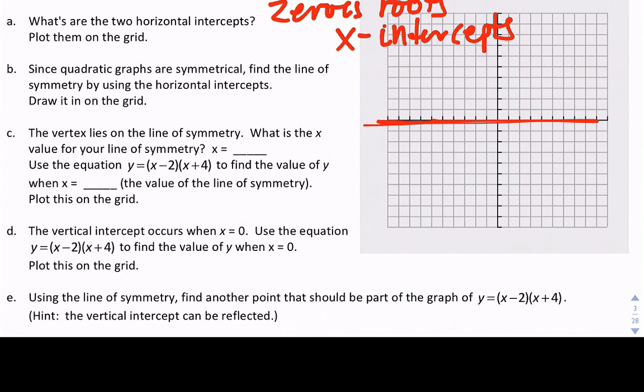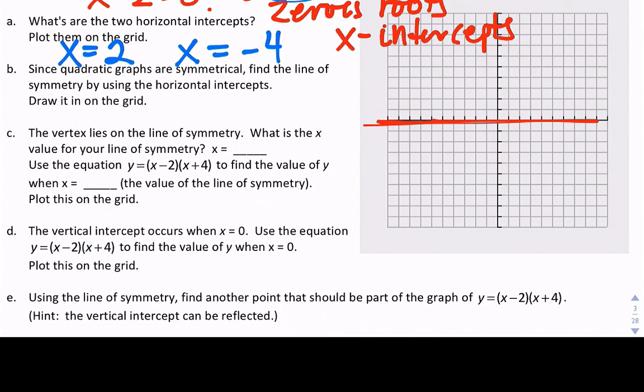And to do that, you look at your factored form, and we want to know what makes x minus 2 equal 0. What makes x plus 4 equal 0? And so one of the zeros, right here, what makes x minus 2 equal 0? Well, that's 2. What makes x plus 4 equal 0? Well, that's negative 4.